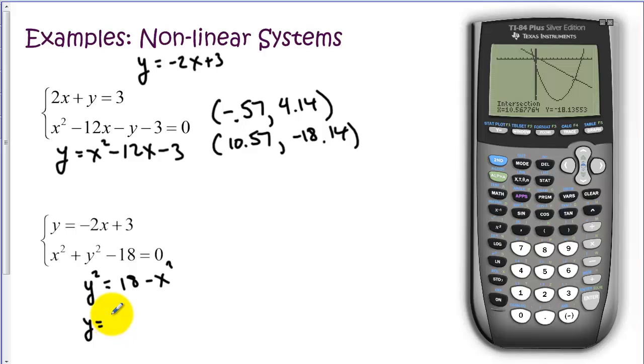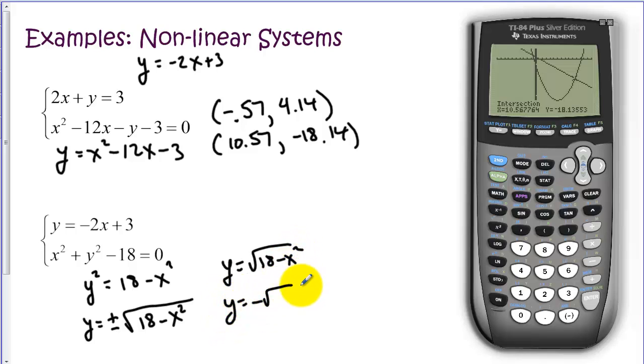Remember, when you take a square root, we have both a positive and a negative square root. So we're going to have to turn this into two functions. y equals positive the square root of 18 minus x squared, and y equals negative square root of 18 minus x squared. And this is going to be our y1. Now we're going to do these into y2 two separate times.